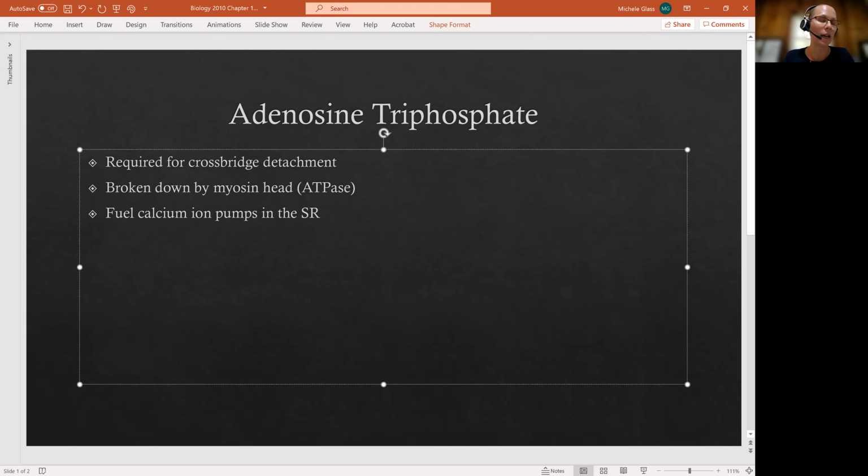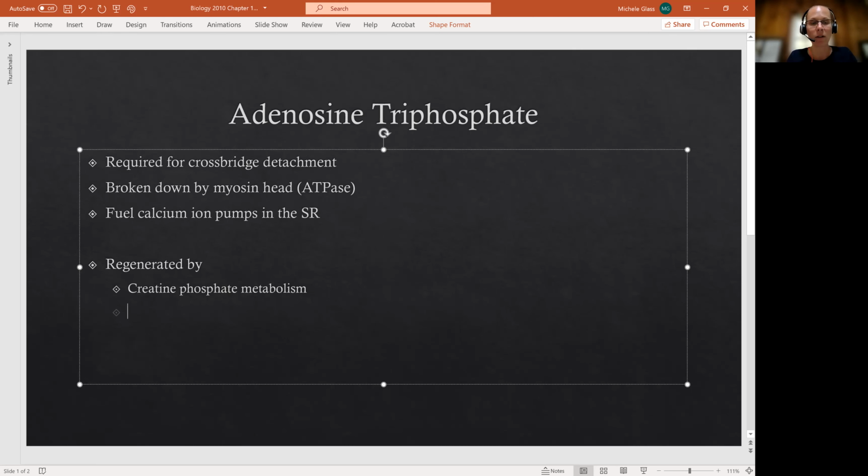When we're looking at how ATP is made by muscle cells, we're going to see that it's regenerated by a new molecule that we're going to talk about, creatine phosphate metabolism. So we have this new molecule, creatine phosphate.